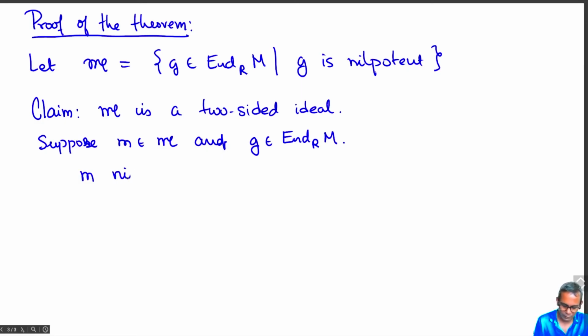So m to the power n equals 0 implies firstly that m is not injective. It also implies that m is not surjective.